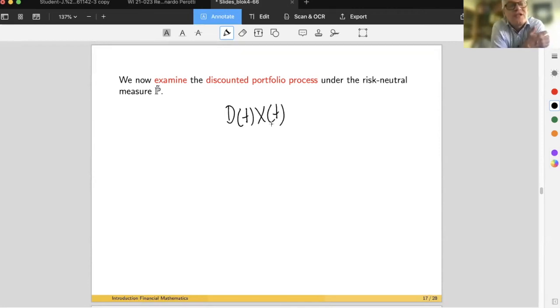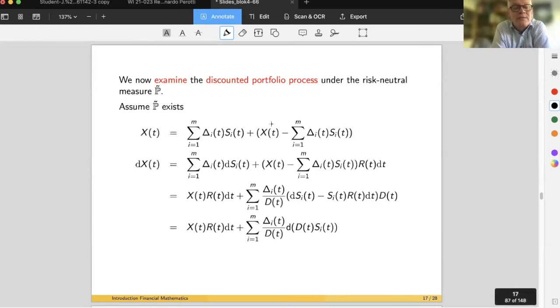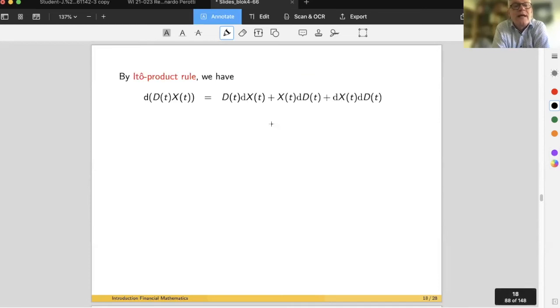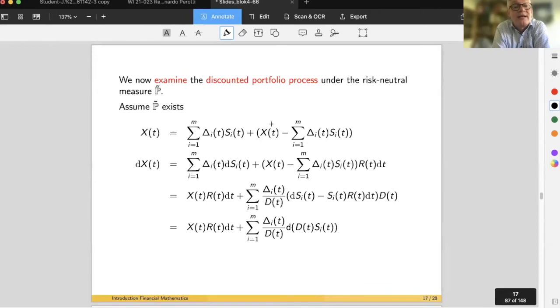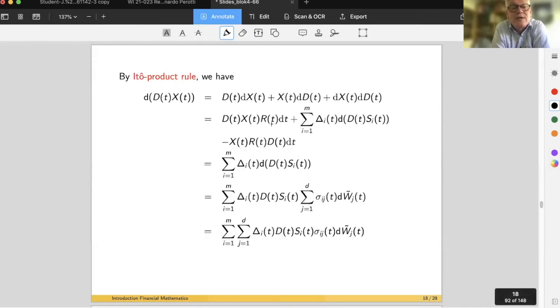Well, it is on the slides, so I will not talk too much about that here. It is pretty straightforward. And we end up, of course, writing out the dynamics dX(t), and by means of Ito's product rule, we look at the discounted portfolio process, and we write it out in detail.